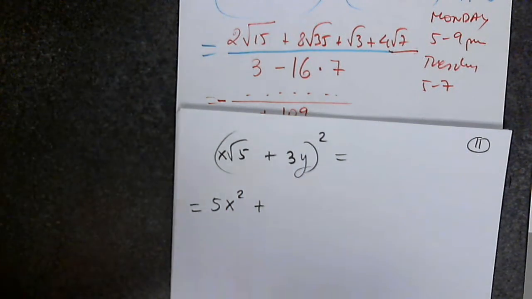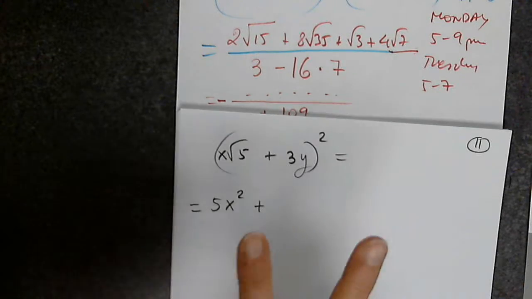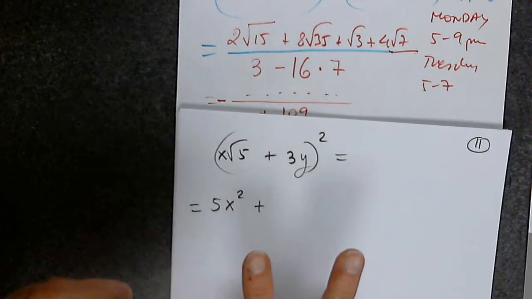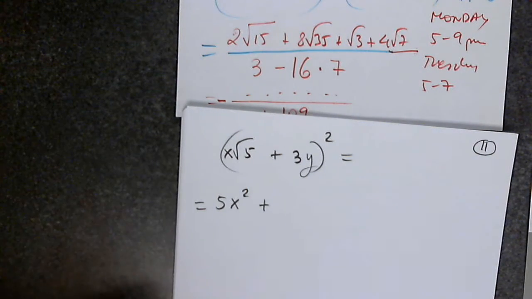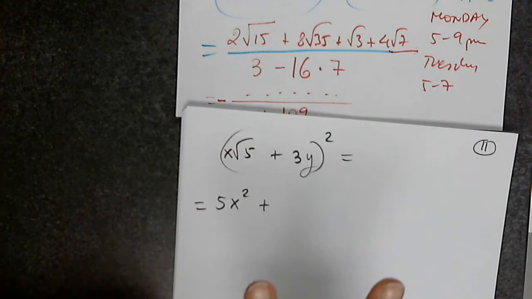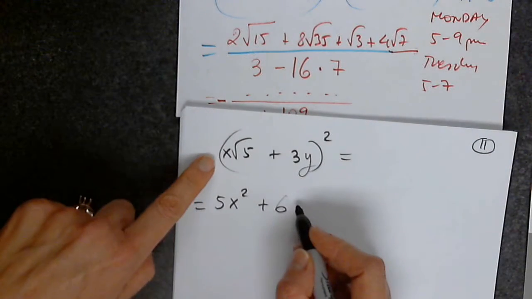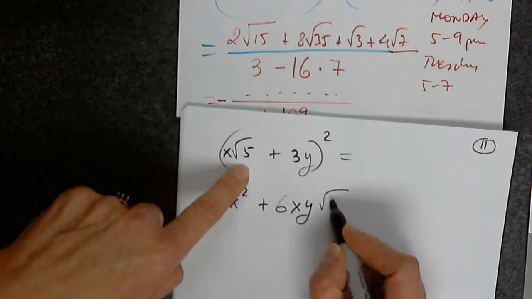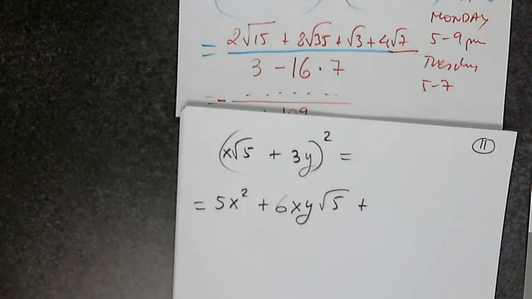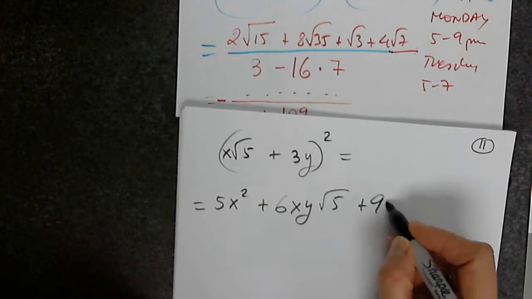I can't multiply anything inside the square root, because 2 does not have a square root. So 2 times 3 times x times y times the square root of 5. 2 times 3 is 6. And then, that's it. Plus. Plus what? 9. That's it.